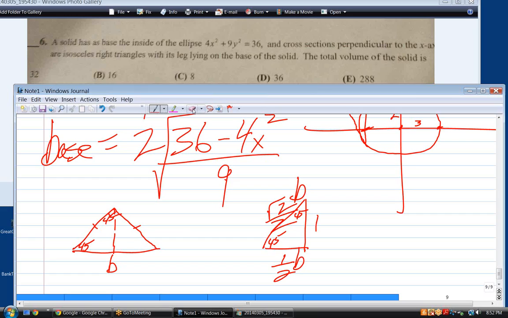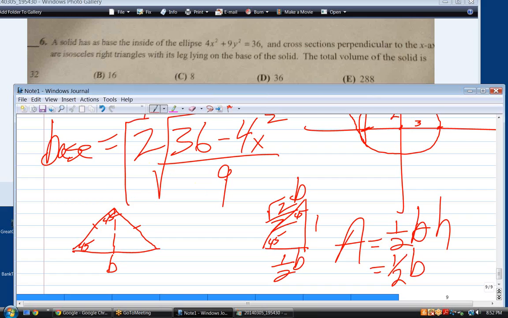Well, let's first of all, the area of each triangle is 1/2 the base times the height. So we have 1/2 of this, we'll just call it the base rather than have me completely rewrite it. This is the base. And the height is square root of 2 divided by 2 times the base.